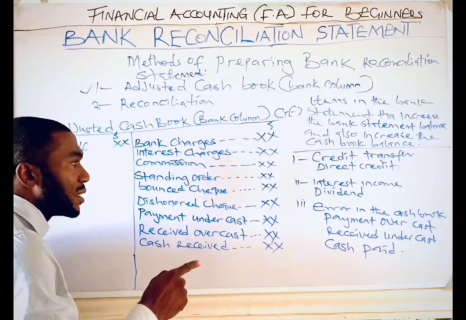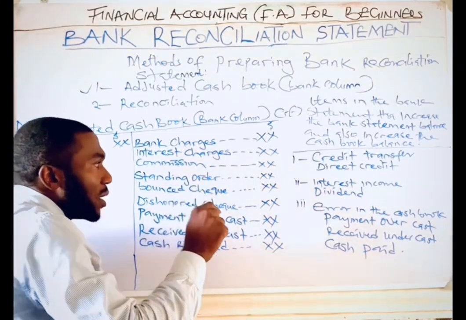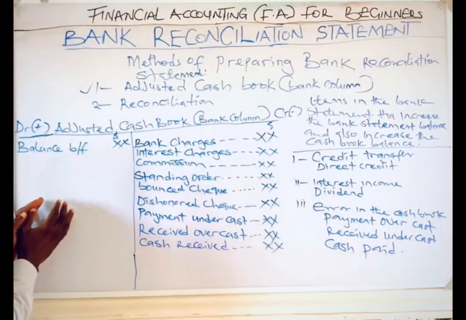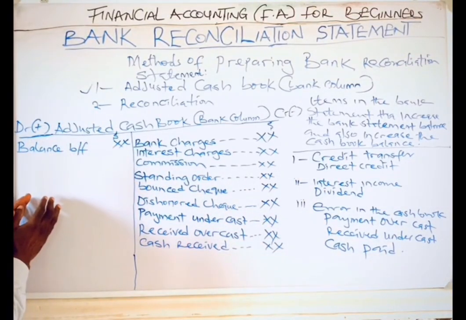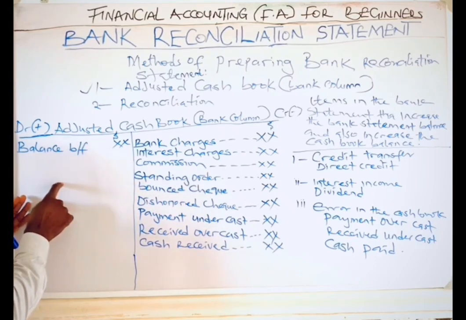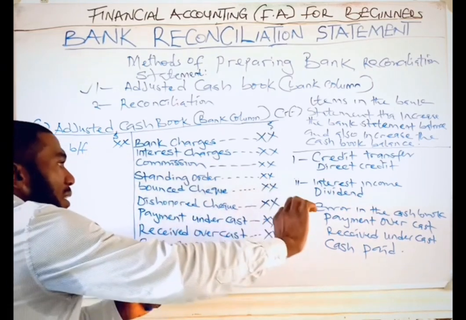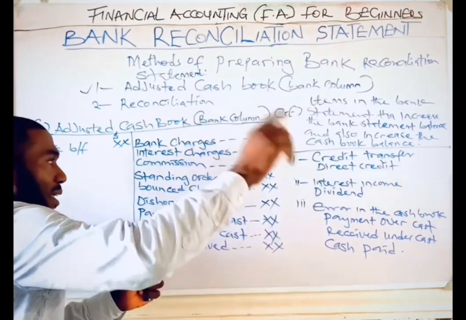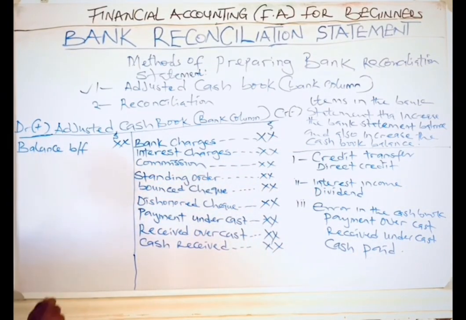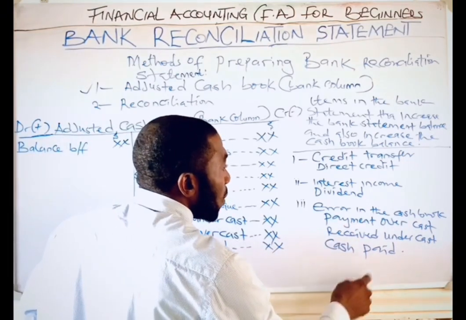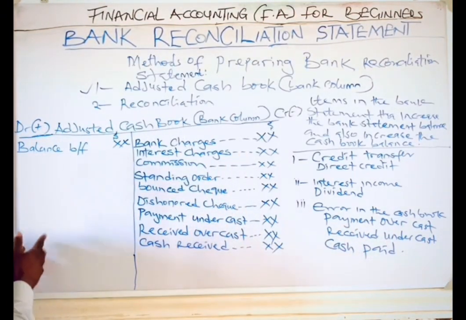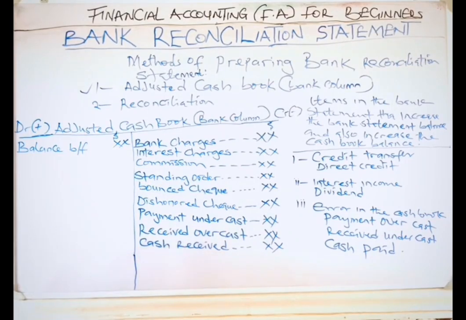After knowing this, the amount that you paid too high, you bring it and add it back to your balance, because it has already lessened your balance before. So you bring that difference and put it here to add up to your balance. Received undercast: we received less than what we should have received.